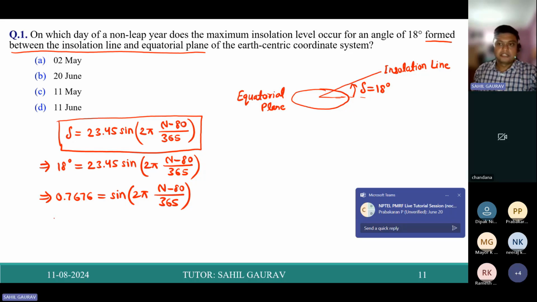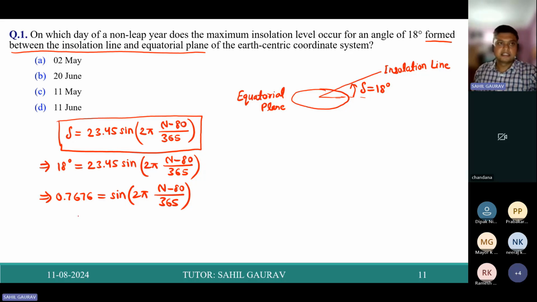Prabhakaran, this June 20 answer is incorrect. The sine inverse of 0.766 is 50.138 degree. Since the term inside is in radian, we have to take it in radian only.